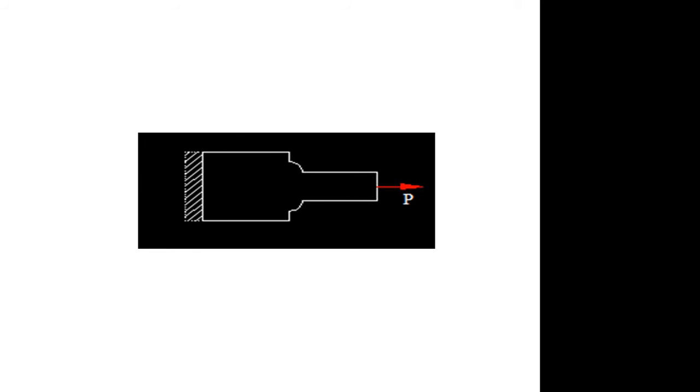Now this is another case. We have a stepped bar, but at the region where the area reduces, we have a fillet, right? Here also the problem is becoming a bit more complex, right? So here this region is a filleted region, so the area reduces in a quadratic manner.